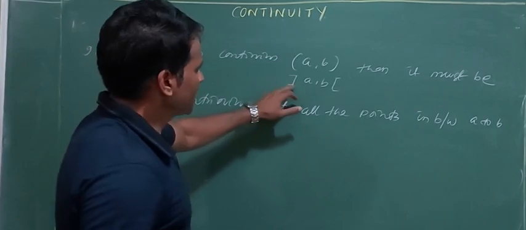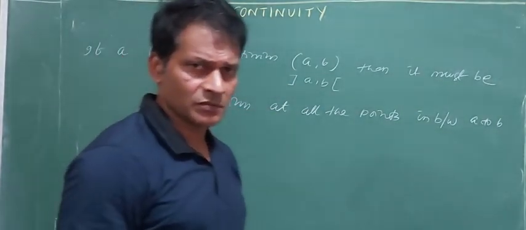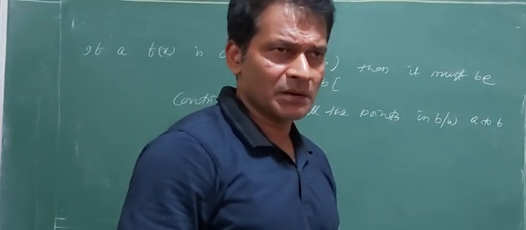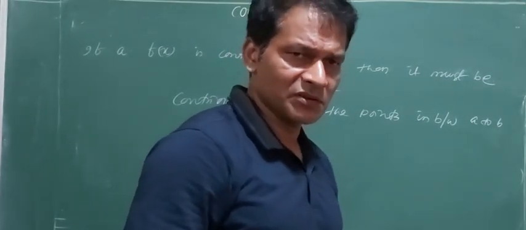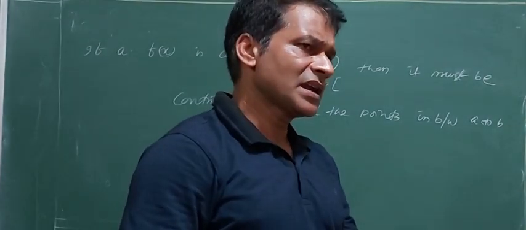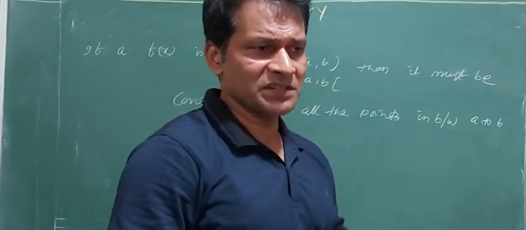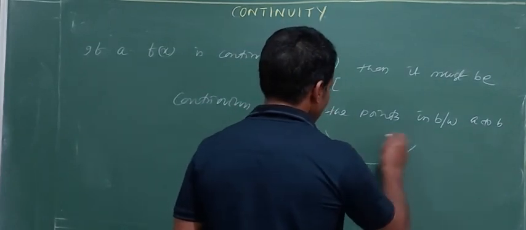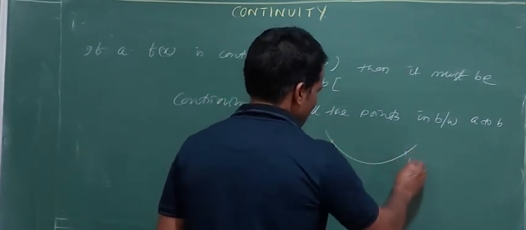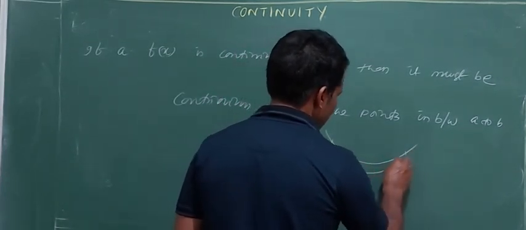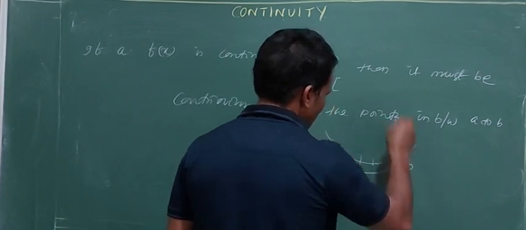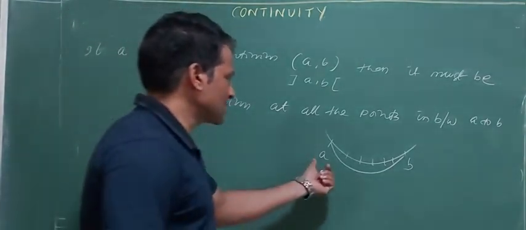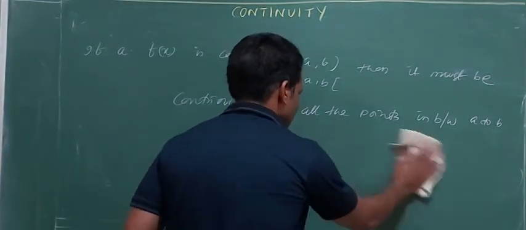That means whatever points come in between a and b, open interval, so I cannot take a and b. At each point it must be continuous. There should not be any point of discontinuity. If I think about a curve, this point is a, this point is b, then in between this to this, whatever point you consider, the function should be continuous. Then only it is continuous in the open interval a to b.